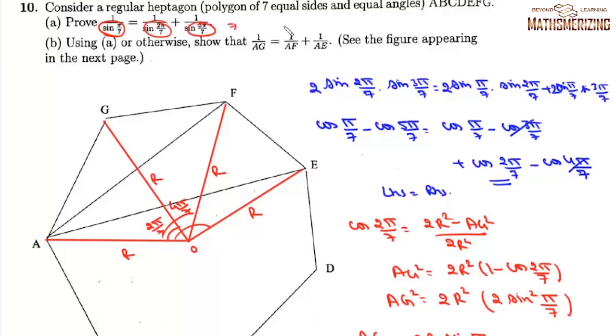So we can write this as 2r upon AG equals 2r upon AF plus 2r upon AE. Now 2r will cancel. So from here we can write 1 upon AG equals 1 upon AF plus 1 upon AE, and this is what we need to prove.